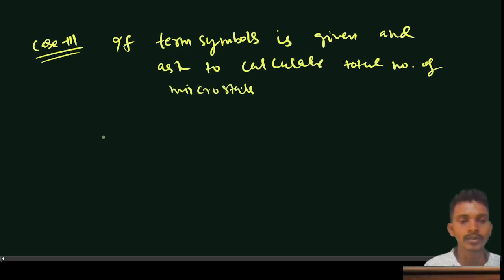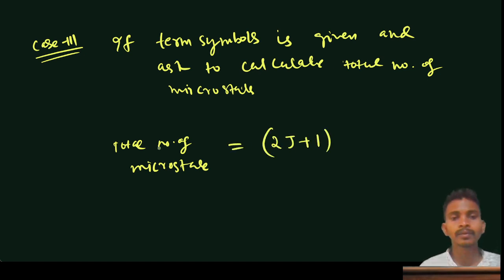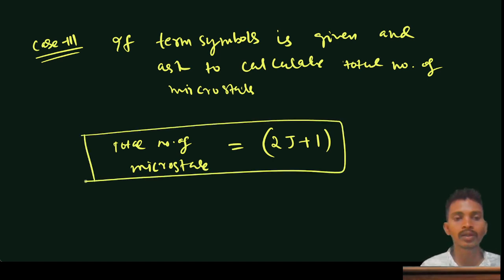For the total number of microstates, you use the formula 2J + 1. So this is the formula to calculate the total number of microstates, that is 2J + 1.